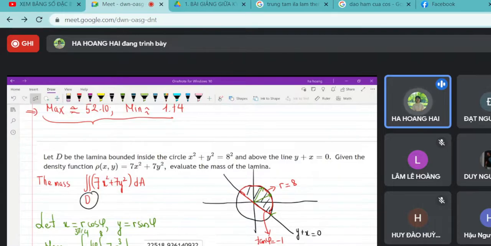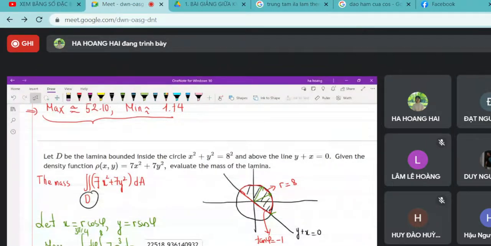I got the same answer as the number on the screen. Okay, I know. Yeah, because I had the number and multiplied by pi. You're right, both are right.